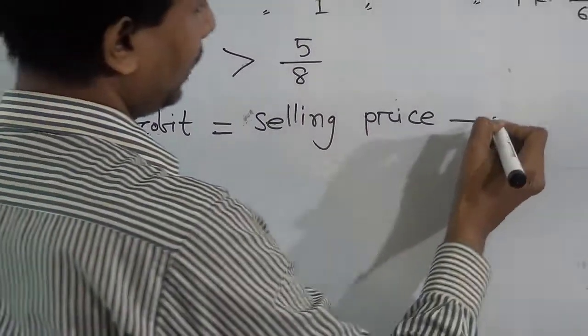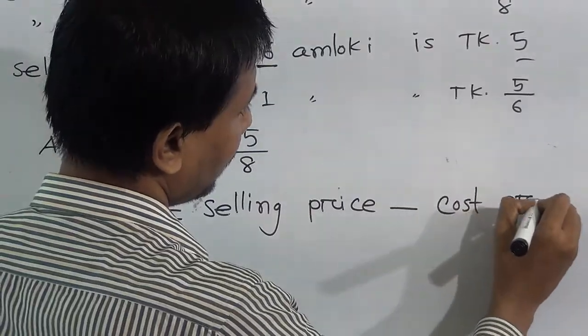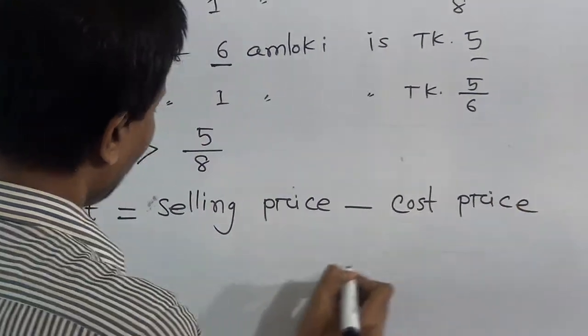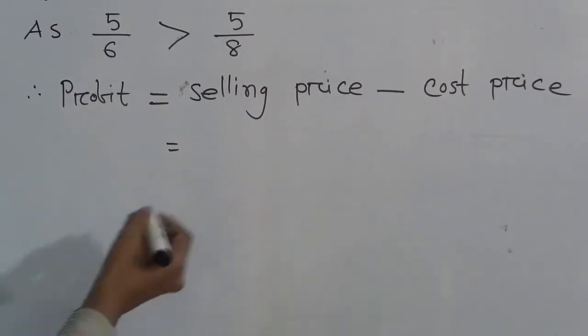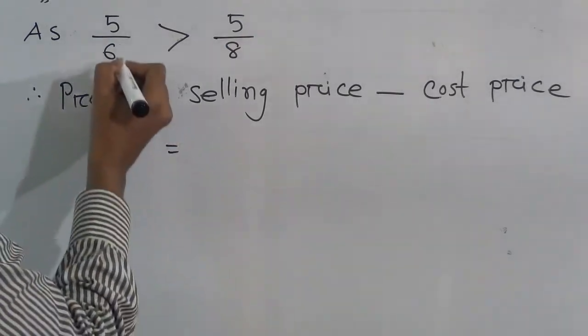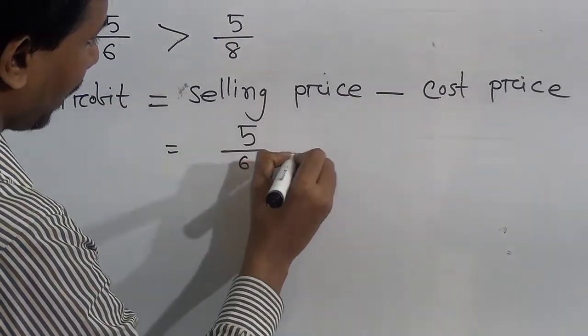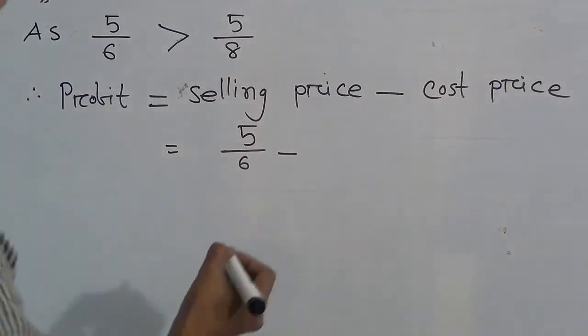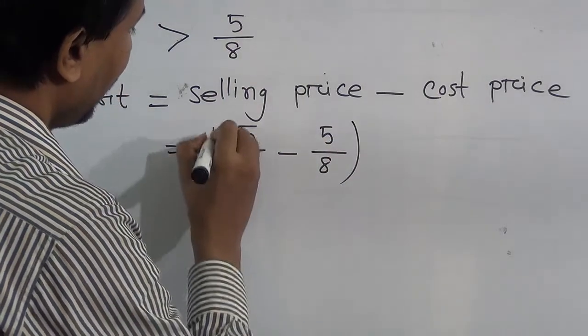Selling price minus cost price. Look, here selling price is 5 by 6 taka, and the cost price is 5 by 8 taka.